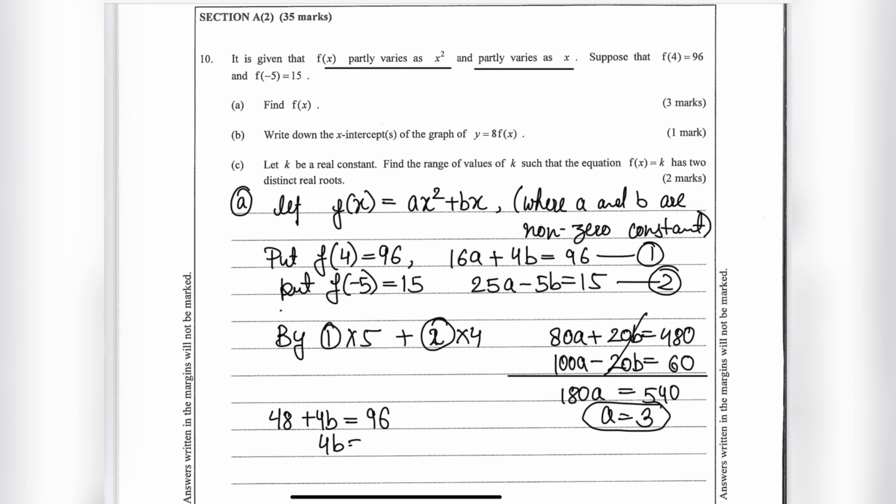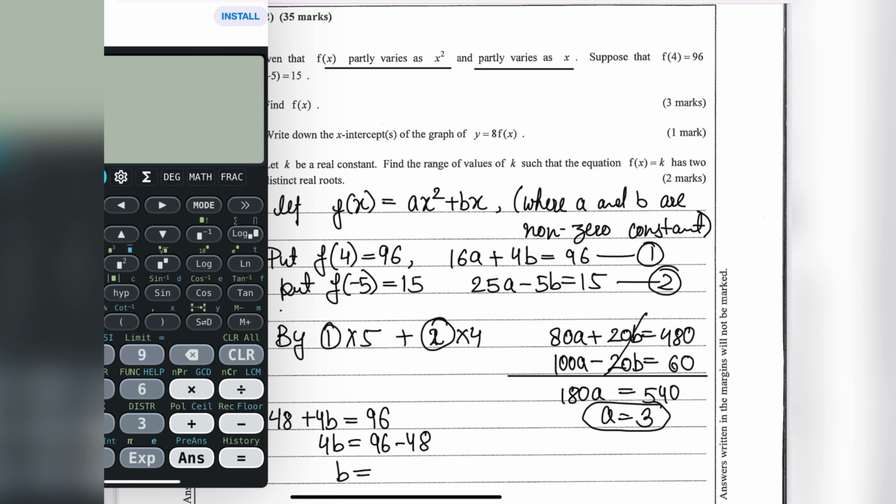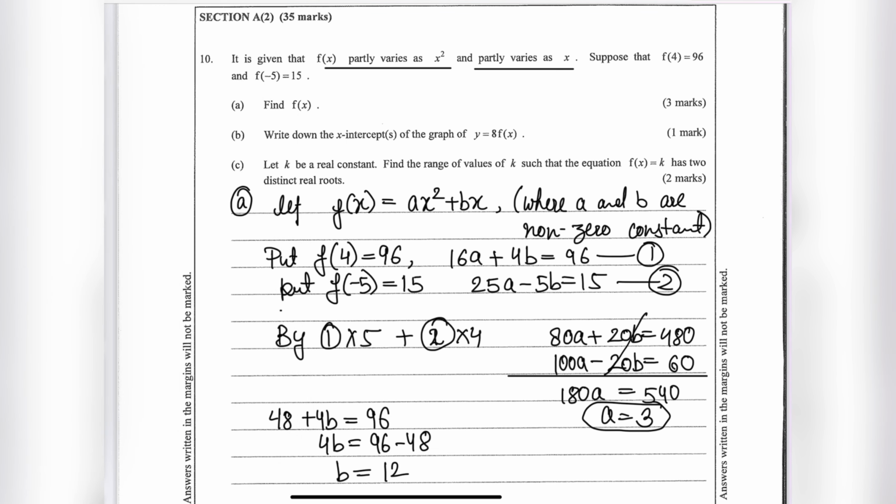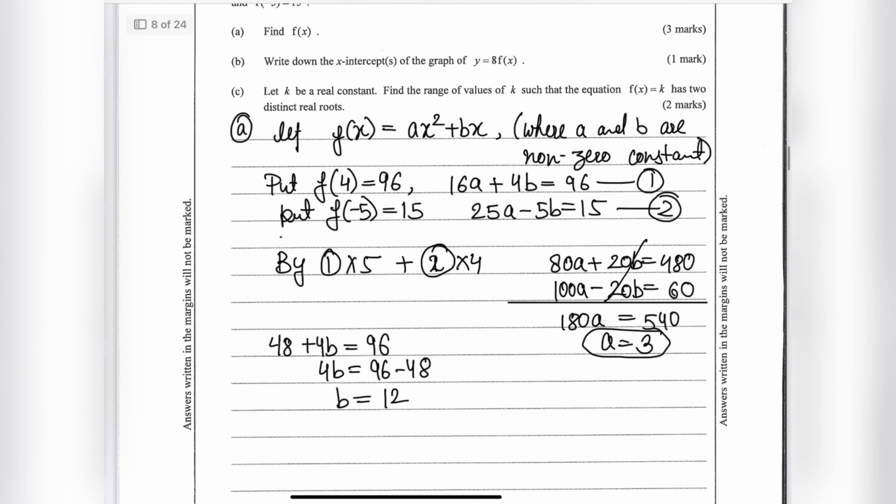So 4b is equal to 96 minus 48, then divide by 4. So b is 12. So now we know the values of a and b. We can find the value of f(x). So f(x) will be 3x squared plus 12x.